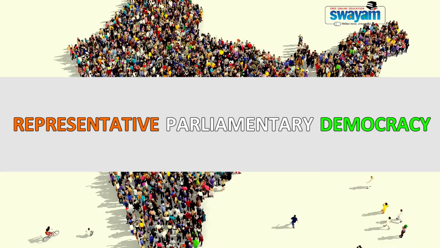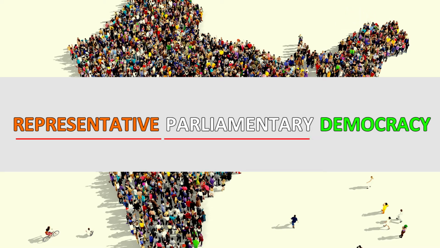Indian polity can be best described as representative parliamentary democracy. These three terms, representative parliamentary democracy, are the main features of our political system. The functioning of different organs of the state is demarcated in the Constitution.